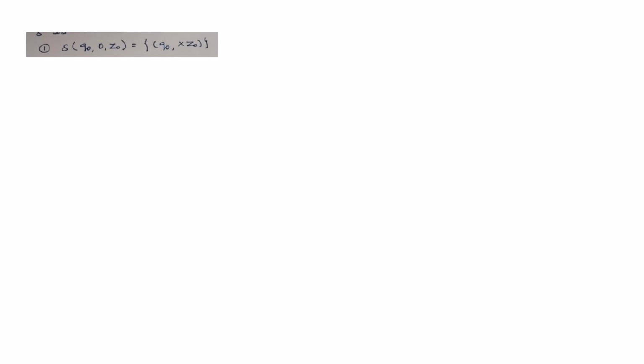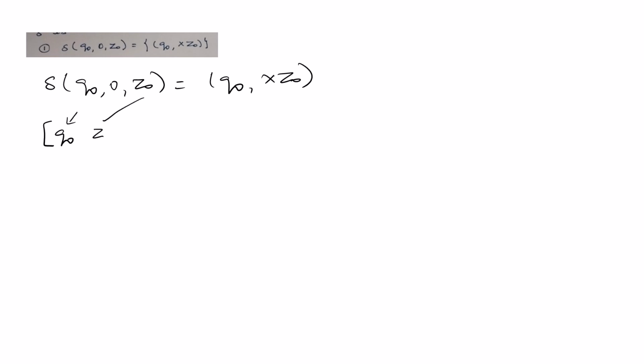So what are the productions we obtained here from this transition, delta of Q0, 0, Z0 is equal to Q0, X, Z0. The productions we obtained are Q0, Z0. We went with 4 productions. All 4 productions are starting with the same thing, Q0, Z0.